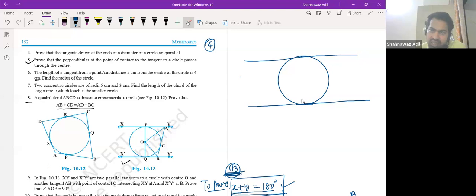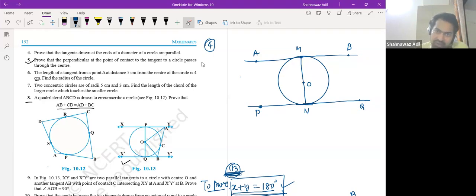So these are the two tangents, and if we draw the diameter, this is the diameter. Let's say this is O, this is A, B, this is PQ, and this is M and N.